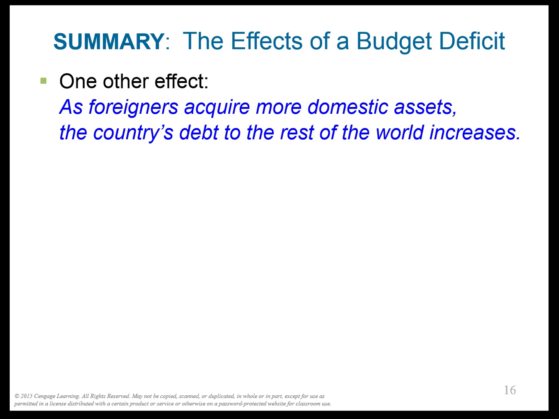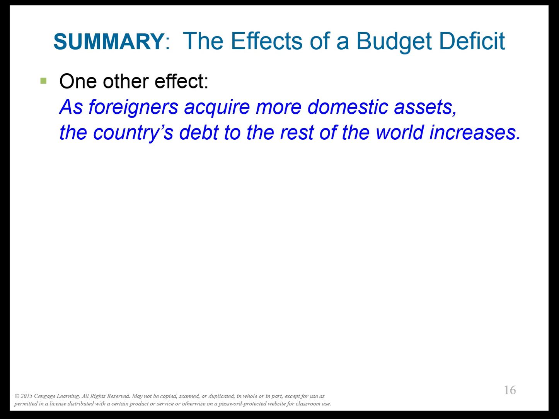Now, another effect is that as foreigners acquire more domestic assets, the country's debt to the rest of the world increases. Don't forget, we learned this two chapters ago. When we are running a trade deficit, that means we are importing more than we are exporting, so some of the imports are paid for by our exports, but the rest of the imports, the extra ones that are more than the exports, we're financing with debt, right?